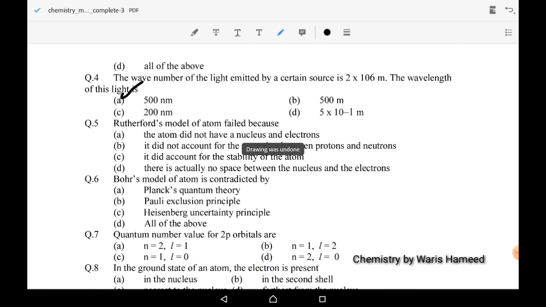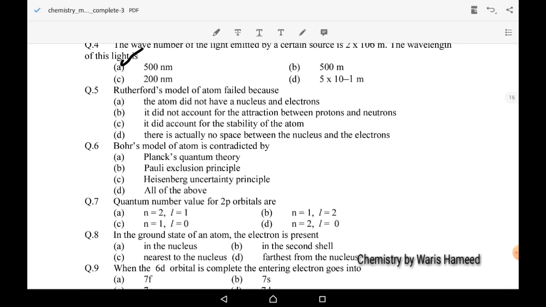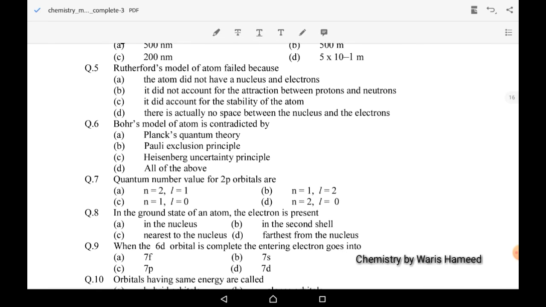Next MCQ, Rutherford model of atom failed because... the atom did not have a nucleus and electron? That's wrong. It did not account for the attraction between proton and neutron, and it did account for the stability of the atom?